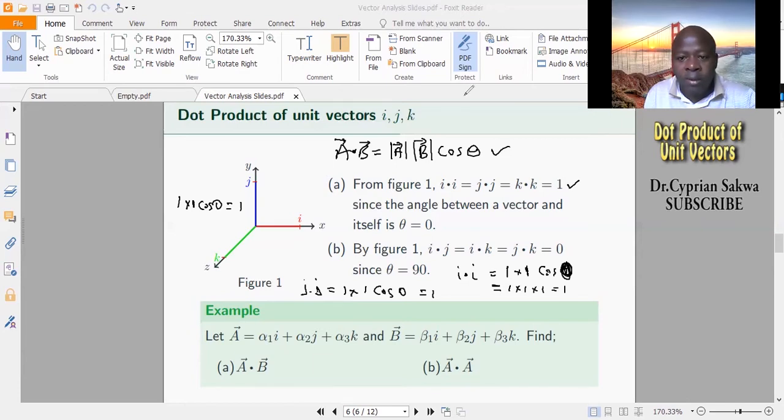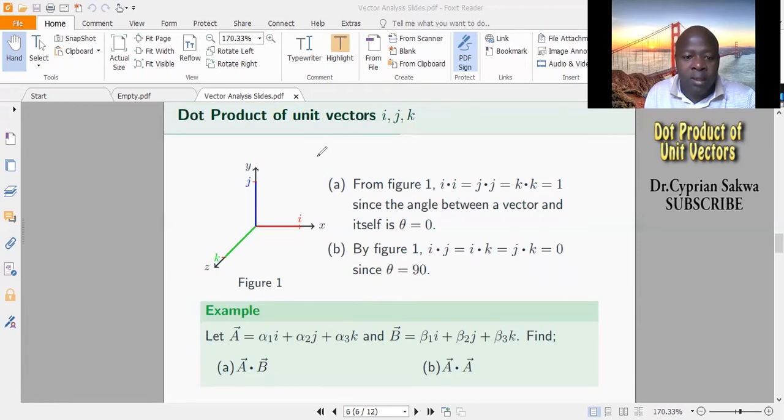Now what about i dot j? The magnitude of i is 1, and the magnitude of j is 1. You can see this blue distance is the magnitude of j, and this red distance here is the magnitude of i, which is 1.